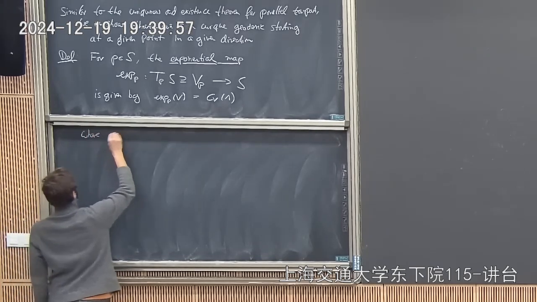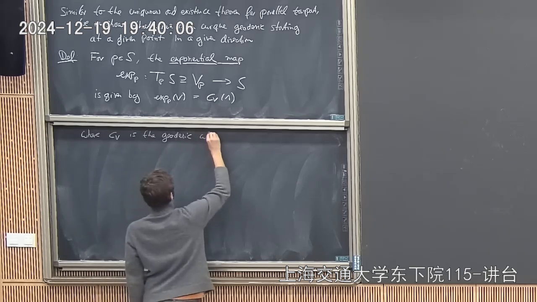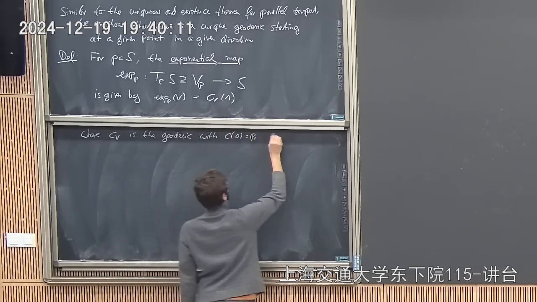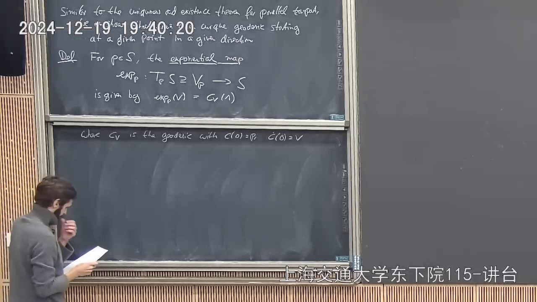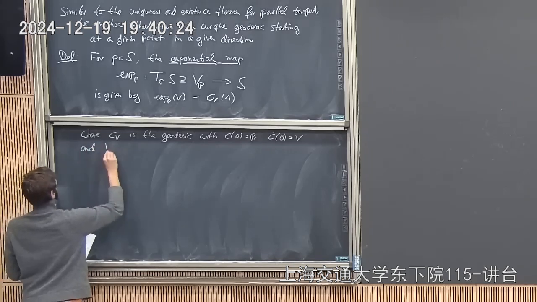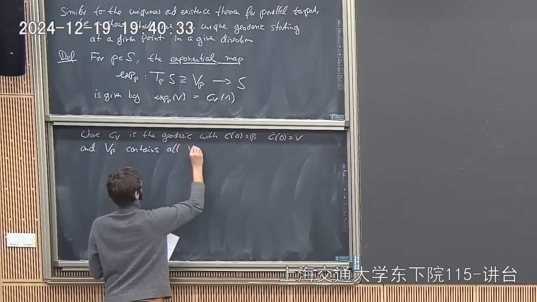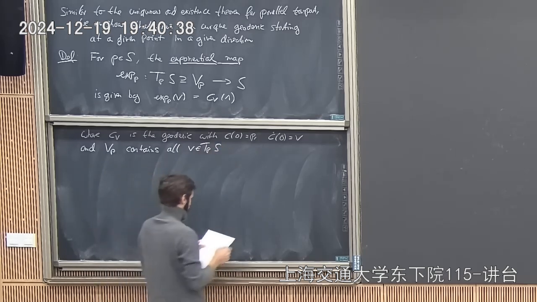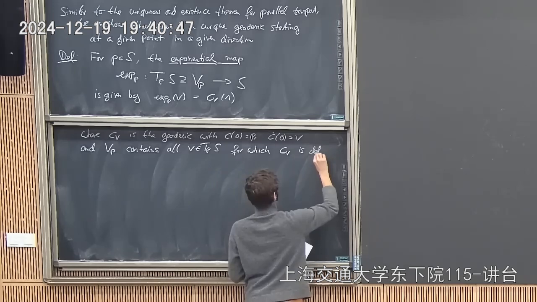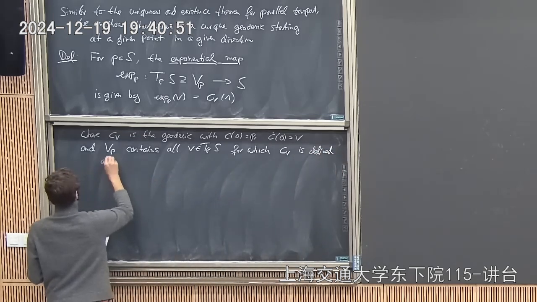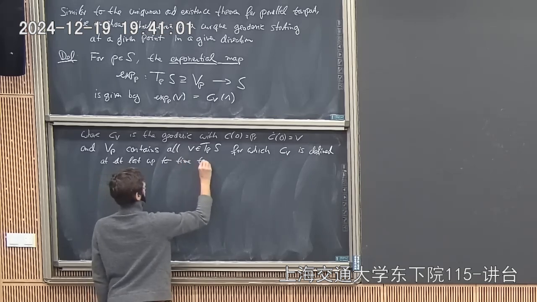where C of V is the geodesic curve that starts at P and has the velocity V, and V of P is the subset of all vectors of the tangent space for which C of V is defined at least up to time t equals 1.